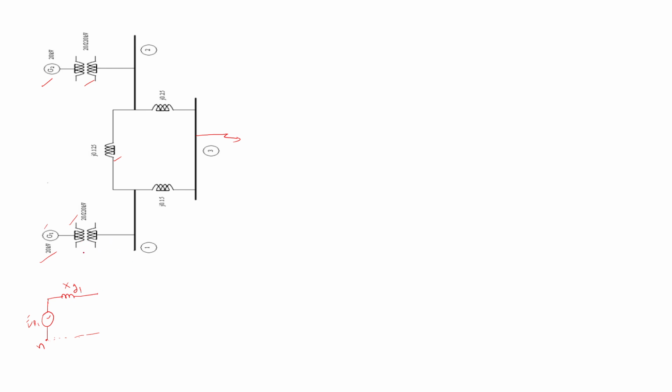If you draw the positive sequence diagram of the transformer, it is simply this. Similarly, the transmission line is the same as the transformer. Now if you draw the combined network for the total power system, you can draw generator 1, this is ER1 and this is X1 of the first generator.